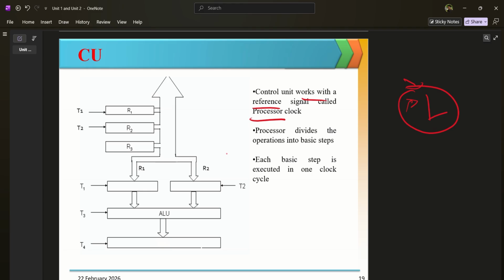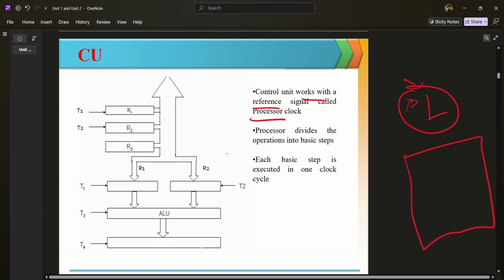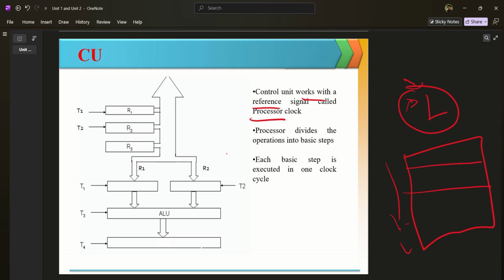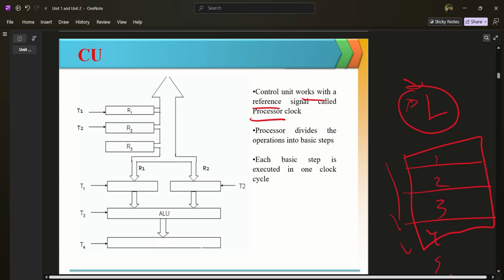Let's say there's a big operation happening that takes many steps. The processor divides the operation into basic steps, like one, two, three, four, five, and makes sure that each step is executed in one clock cycle, and so on.